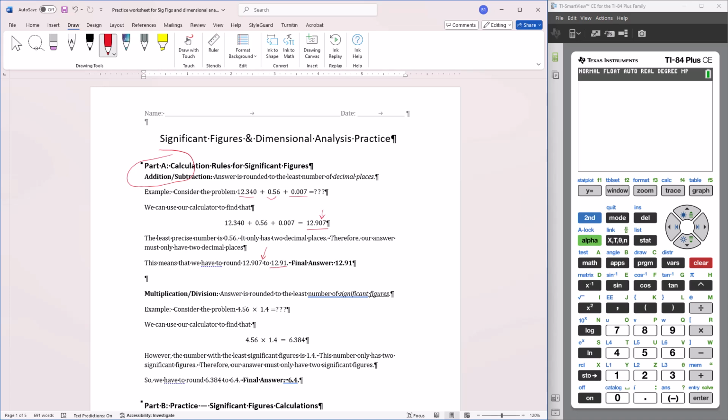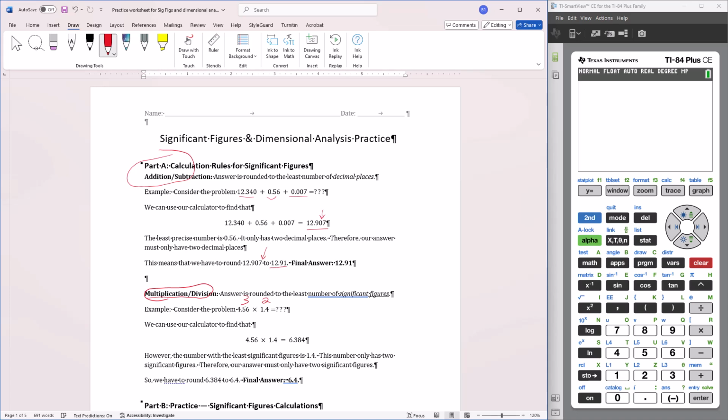It's a little different in multiplication and division. There, we want to round to the least number of significant figures. So I'm over here now. Notice this number right here has 3 significant figures. This one has 2. Our answer has to have 2 significant figures, the least of the 2.